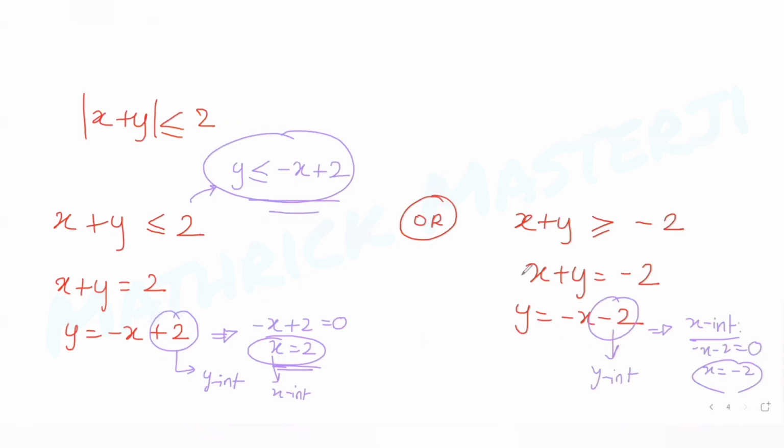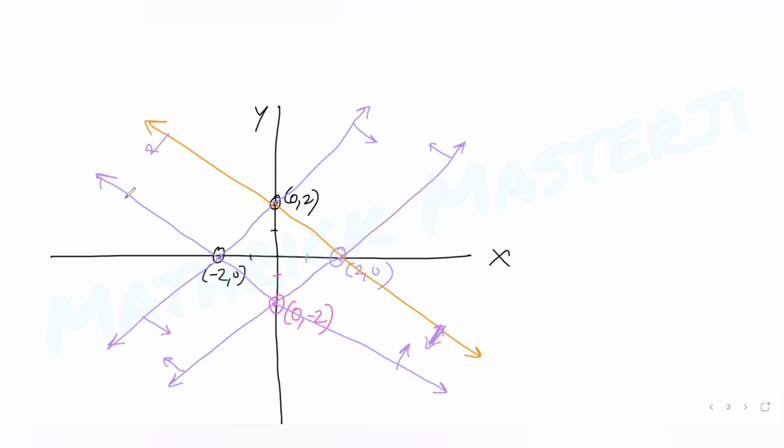And the other one, if I keep y here because it is positive, so y greater than or equal to minus x minus 2. So from here I understand y greater than means it is above. So with that I get the common region, that is this entire thing.